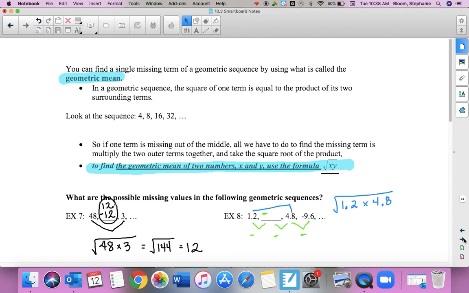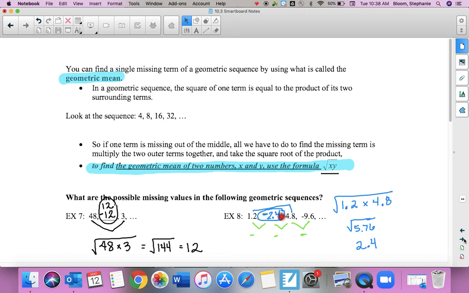The square root of 5.76 would be 2.4. So this answer has to be negative; that's the only way it makes sense. Here's a positive, so that's going to be a negative, and we know that because this one was negative. So negative 2.4 would be my answer.